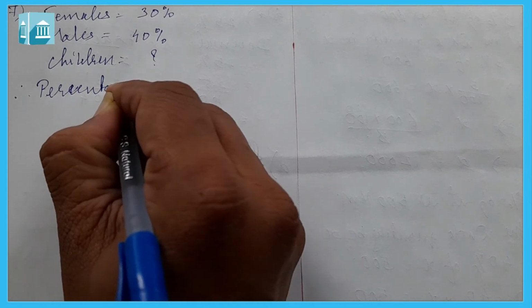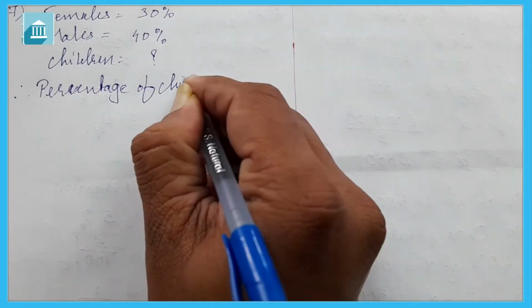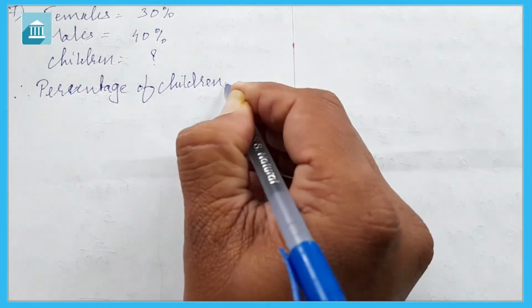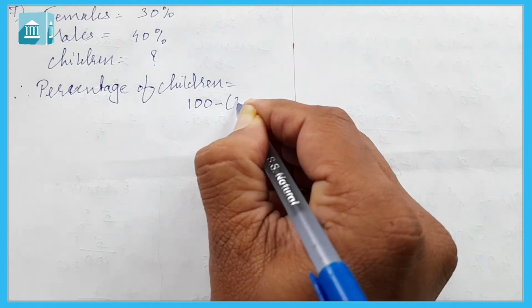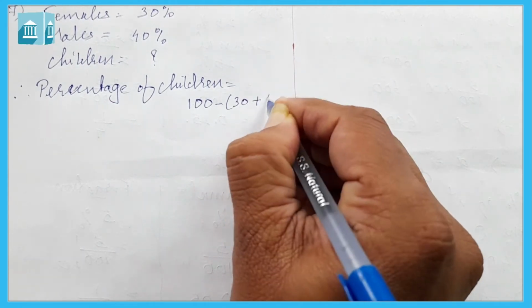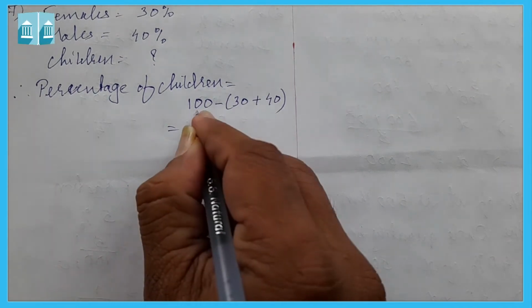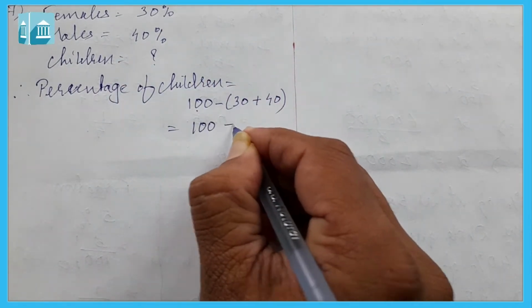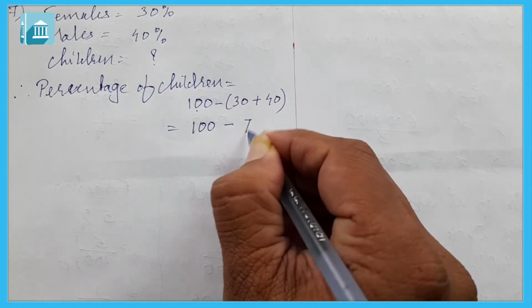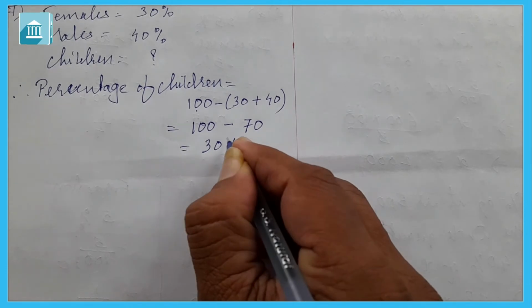percentage of children is equal to 100 minus (30 plus 40). 100 minus this 30 plus 40, total is 70. We have to subtract this from 100, so it is 100 minus 70, so it is 30%.